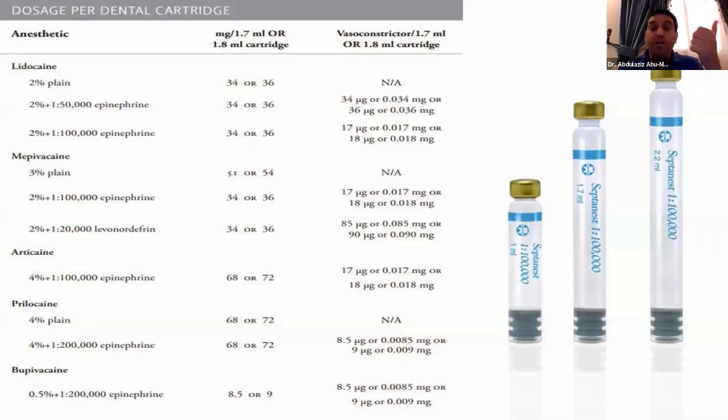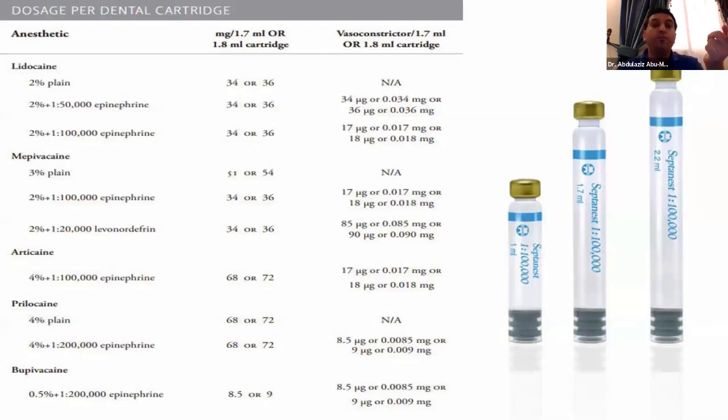If you're using the 1 to 200,000, it will equal 0.009. That means I can use 4 carpules of 2% with 1 to 200,000. So you need to know how much is the carpule, the milliliter, and how much epinephrine is inside.